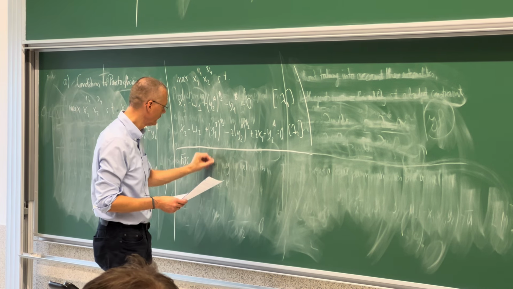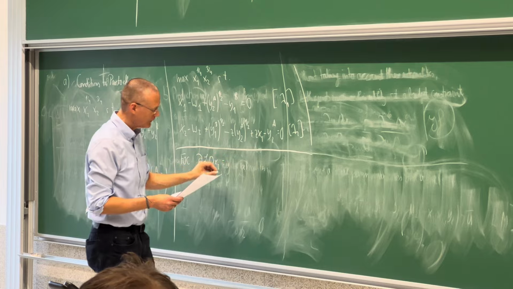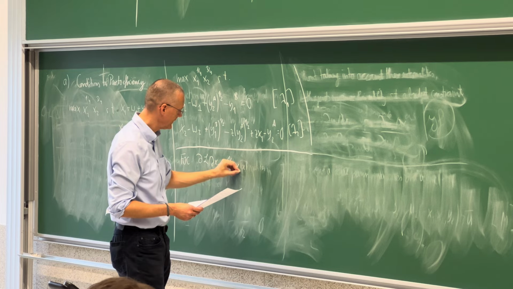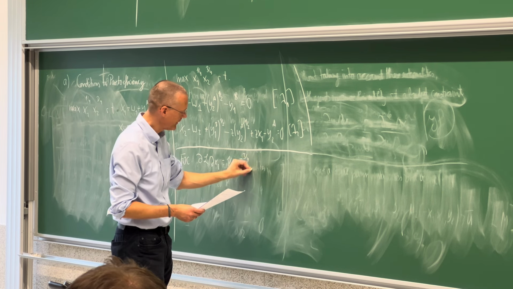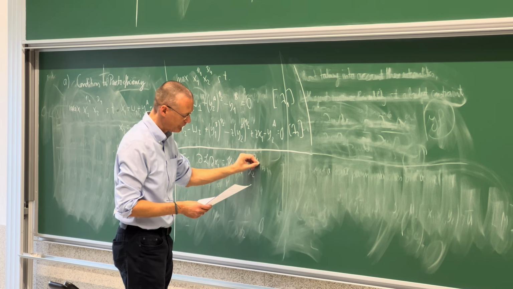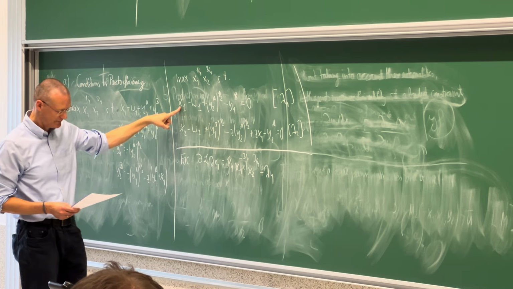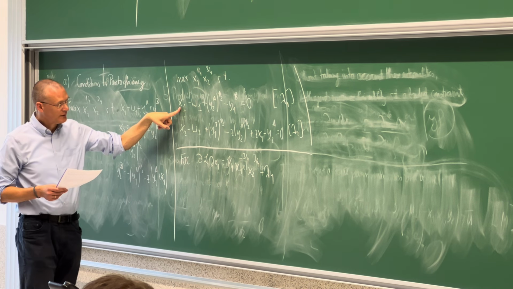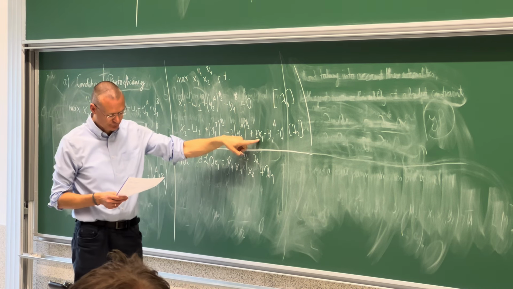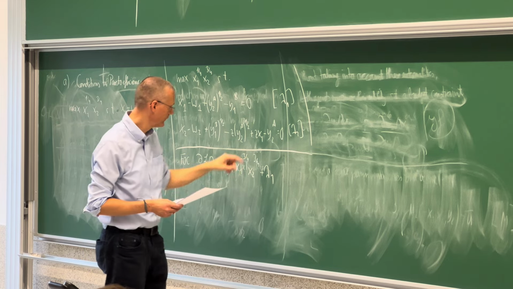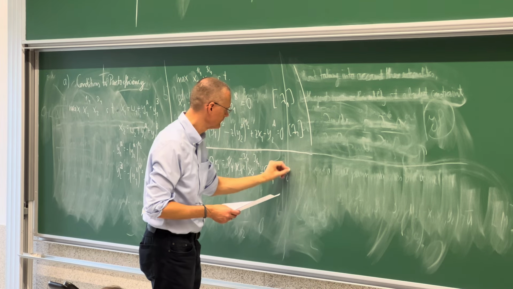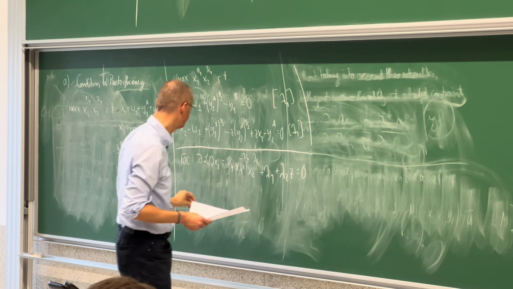Lagrangian with respect to x1. The derivative of 1/4 x1 is the standard marginal utility condition, plus lambda 1, because x1 is here, and x1 is again in here, plus lambda 2 zeta, equal to 0.